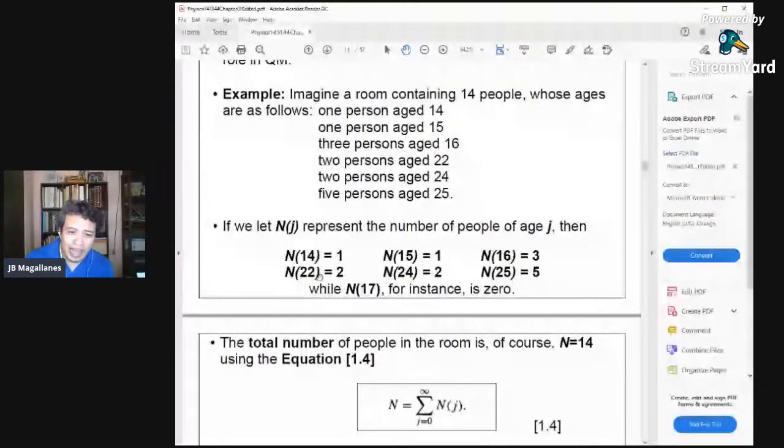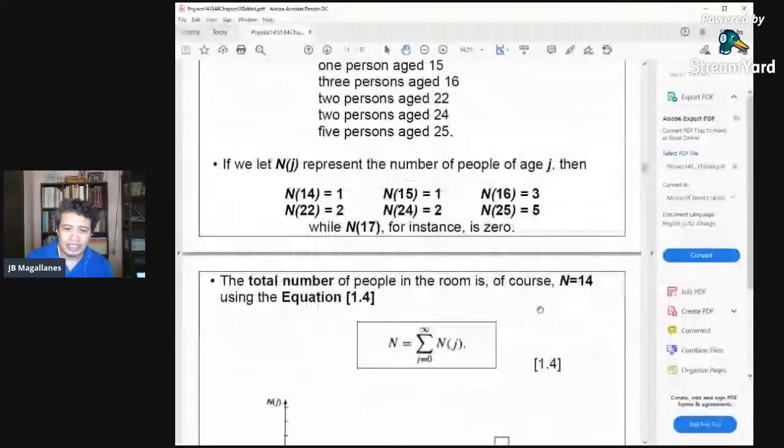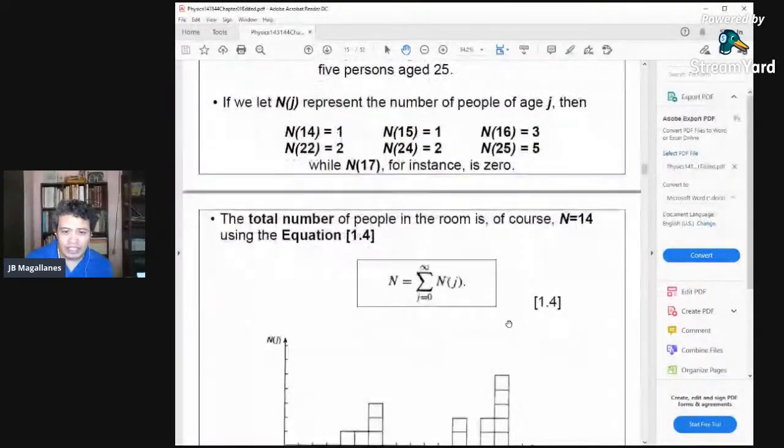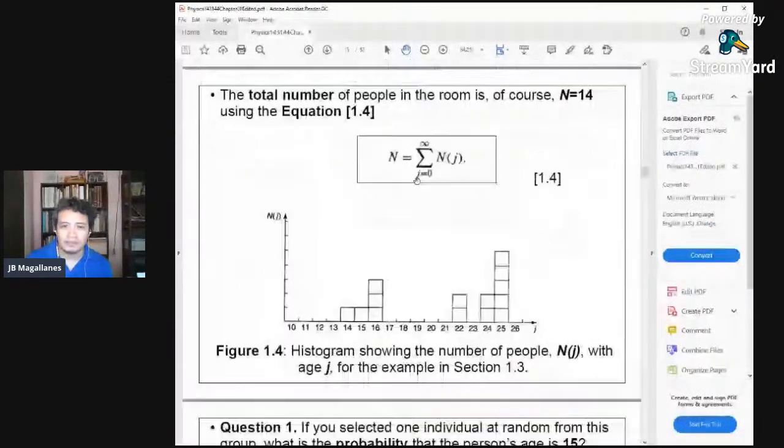You have to add these n's to get the total number. In this case, the formula for finding the total number is equation 1.4. So N, the total number of people in the room, is just equal to the summation of nj, where j, the age, starts at 0 until infinity.